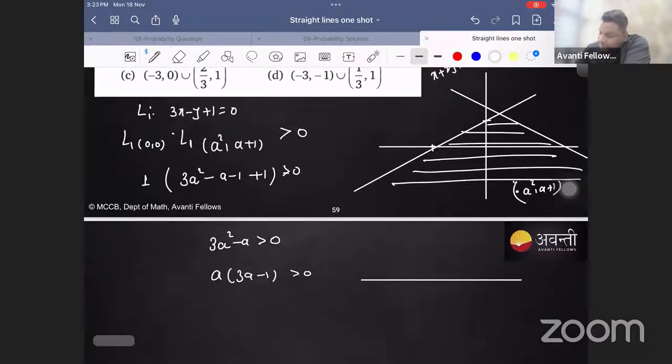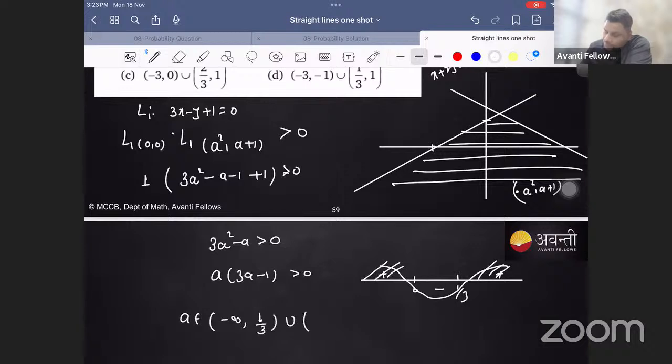You make the number line. We are looking for the positive region, so this is it: minus infinity to 0, union 1 by 3 to infinity.